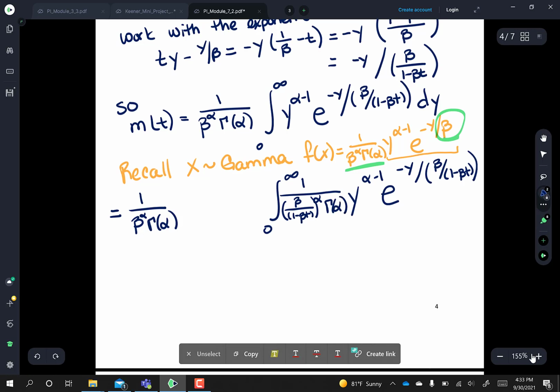Now, in order to make this true, since I multiply by 1 over this term here, I also have to multiply by this term. So in other words, that way I'm really just multiplying this entire thing by 1.